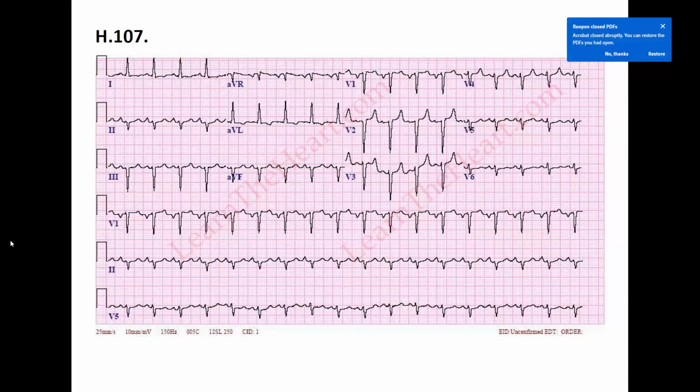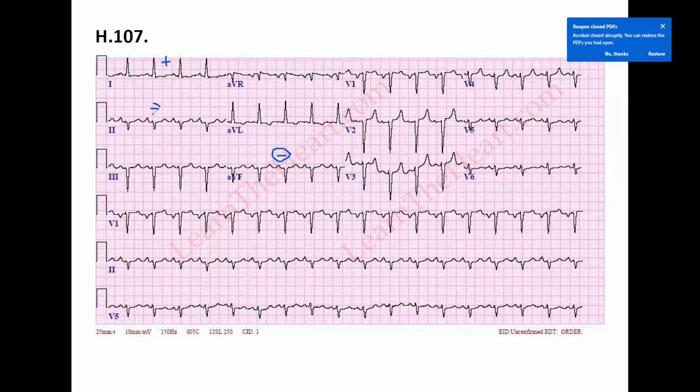And the axis. Lead one is positive and aVL is positive, so it's in the normal axis. Sorry, aVF is negative.